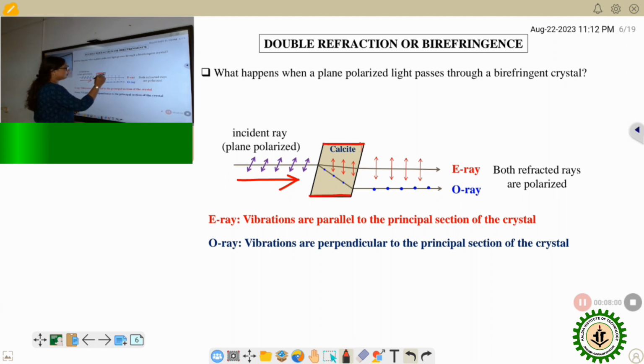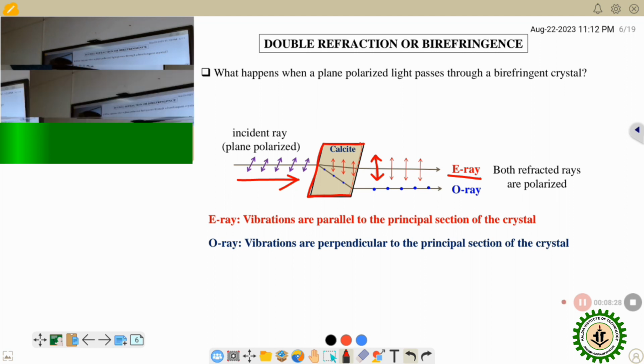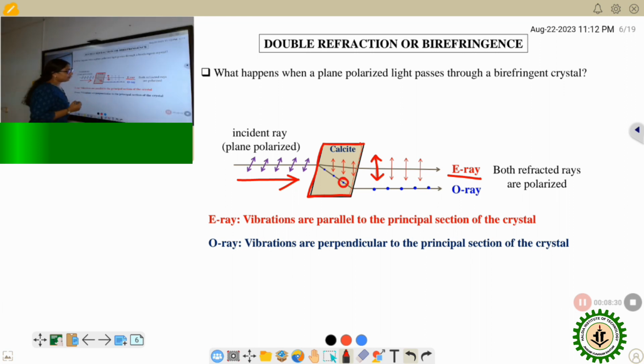So let me draw this parallelepiped. The principal section of the crystal, let us say, is on the plane of the board. So the E ray must have vibrations parallel to the plane of the board, that is parallel to the principal section of the crystal. That is, E ray is vibrating like this, whereas the O ray, as you can see, is vibrating perpendicular to the plane of the board.